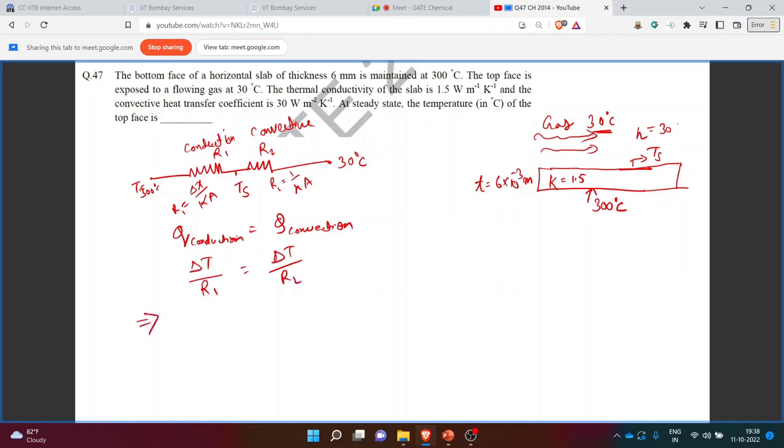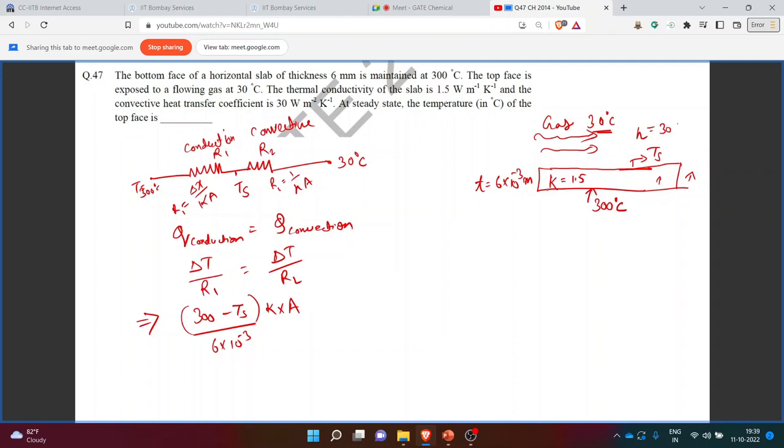Now for conduction the temperature difference will be 300 minus Ts upon delta X upon Ka. Heat is being transferred in this direction, so the thickness through which it will transfer is 6 into 10 raised to minus 3 meter. So delta X is 6 into 10 raised to minus 3, and K is the thermal conductivity, into area.